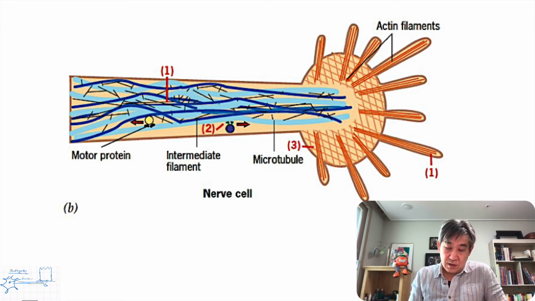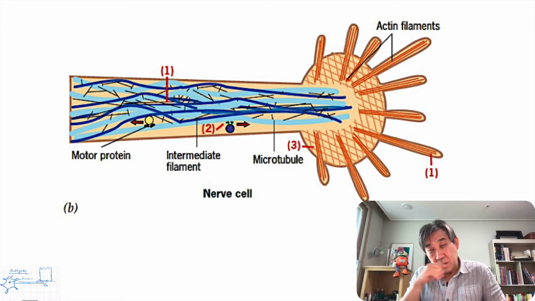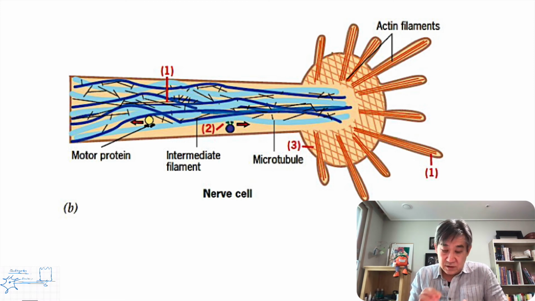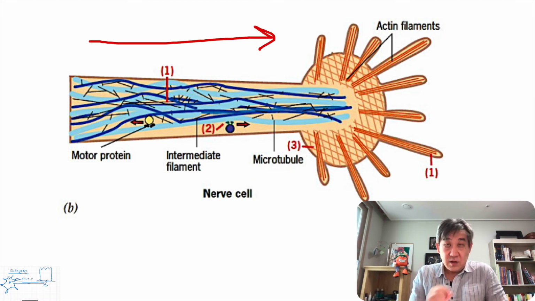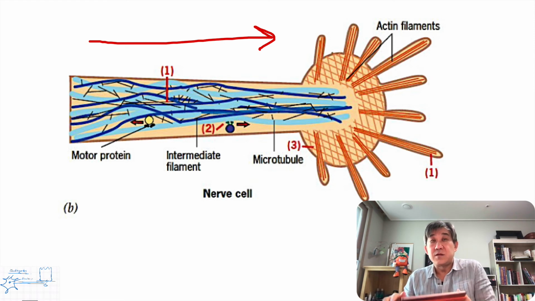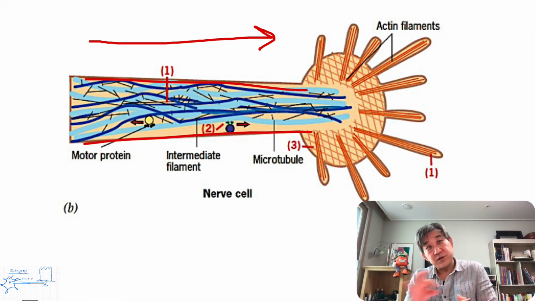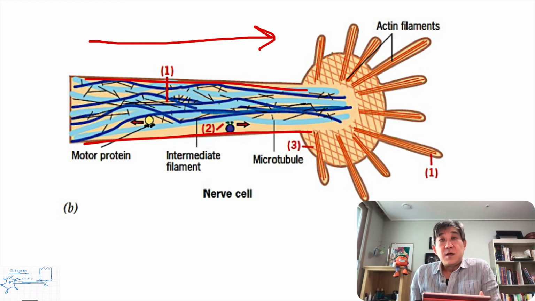Usually the nerve signal, as we will see later this semester, will travel following this arrow direction, and this long extended structure of the nerve cell has its shape maintained by the combination of these different types of long microtubules as well as intermediate filaments.